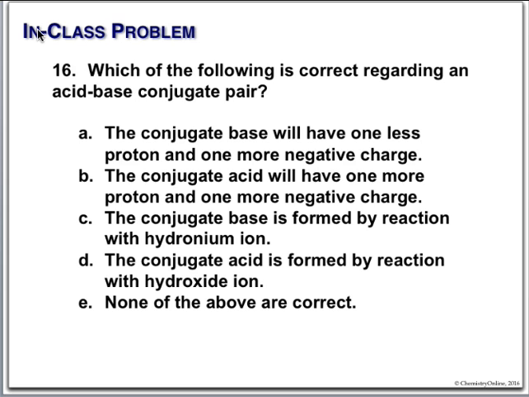The acid will have 1 more proton. That's true, it does. But 1 more negative charge? No. It would actually have 1 more positive charge, because remember, the proton is positive. Formed by reaction with hydronium, that's silly, or hydroxide, that's silly.